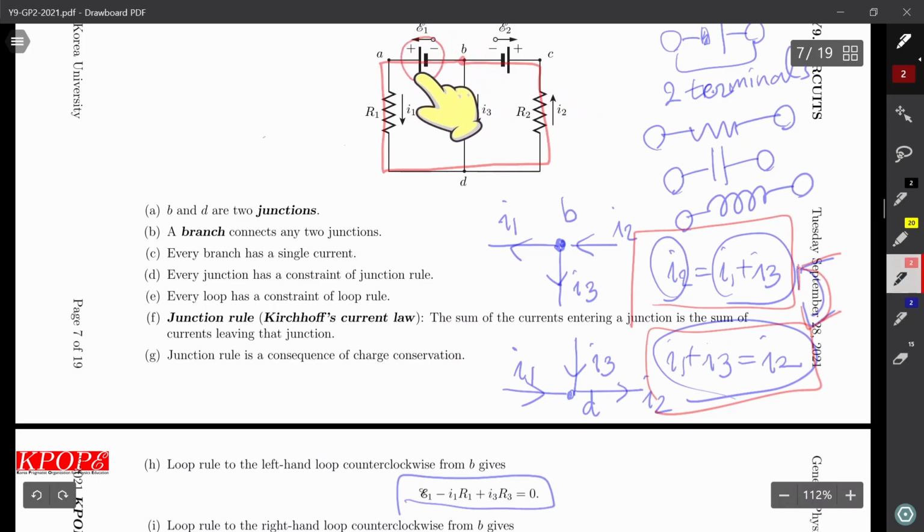First, you pass this battery. Following this direction, you have increased the potential E1. And then you follow this direction parallel to the current. So you decreased, let us write E1 minus I1 R1.